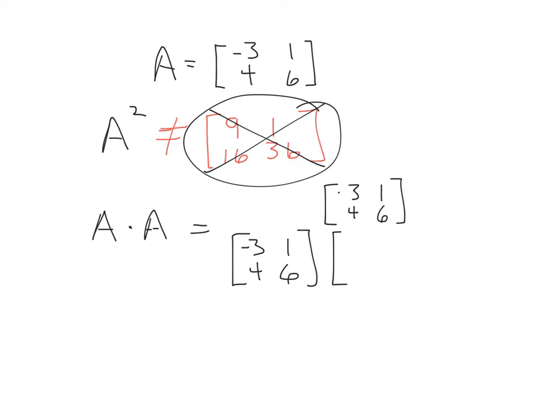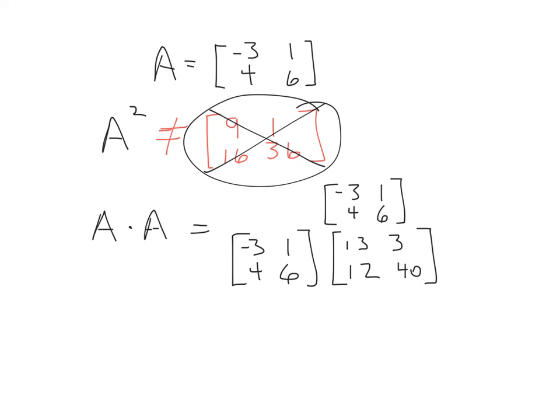And so for our product, we'll have 9 plus 4 is 13. We'll have negative 3 plus 6 is 3. We'll have negative 12 plus 24 is 12. And we'll have 4 plus 36 is 40. So there is our matrix A squared.